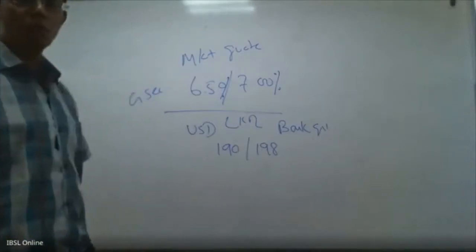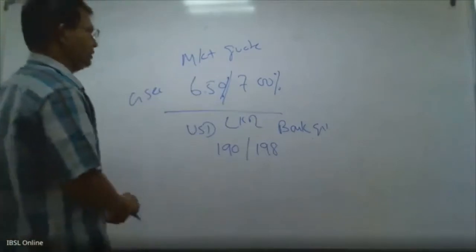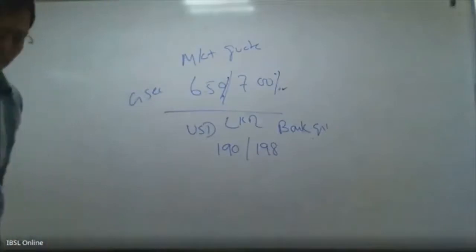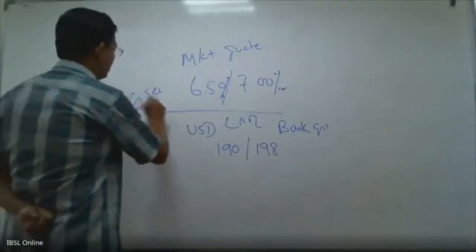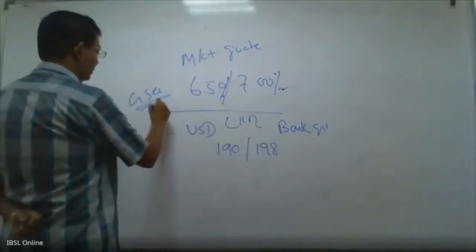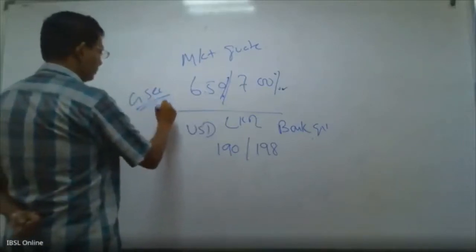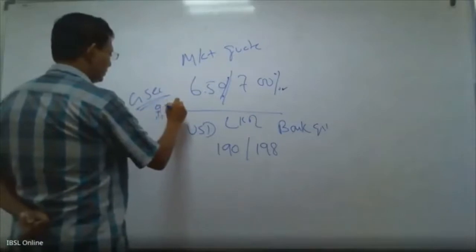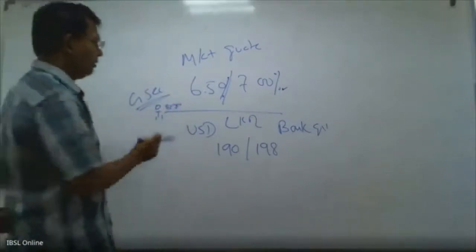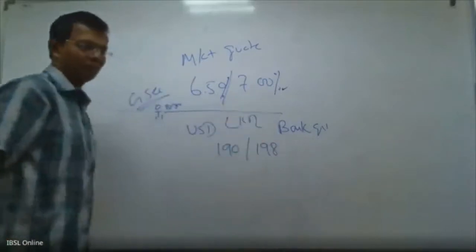I generally go for the higher percentage, so I will select 7%. This is related to government securities, right? I am the buyer. I have money. I will be investing at 7%.